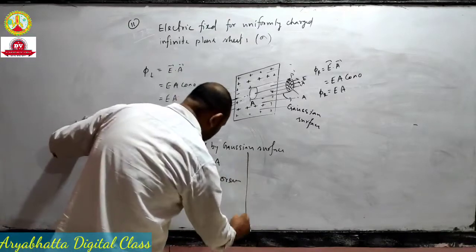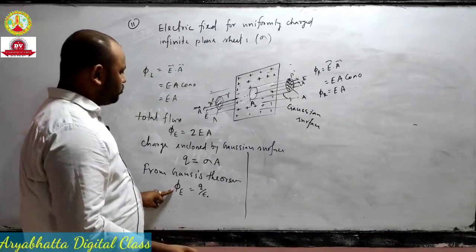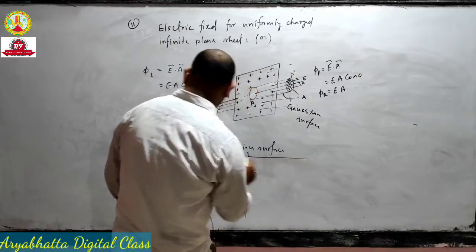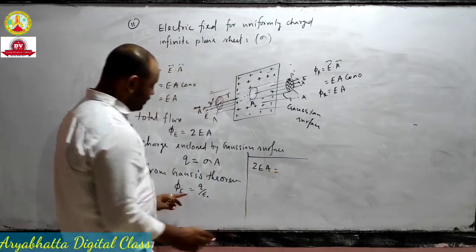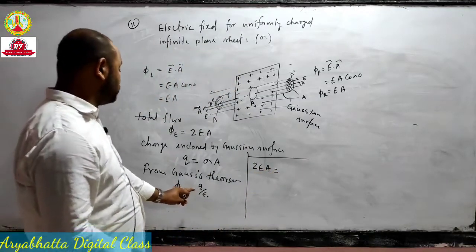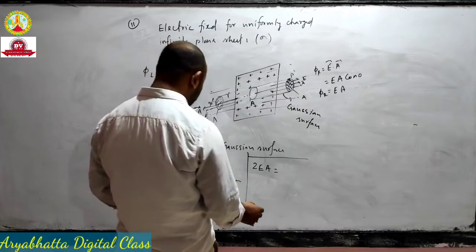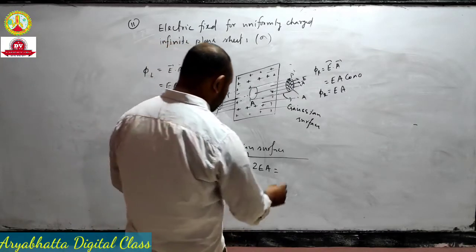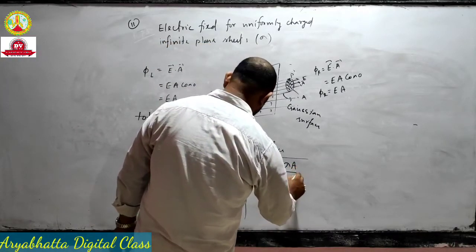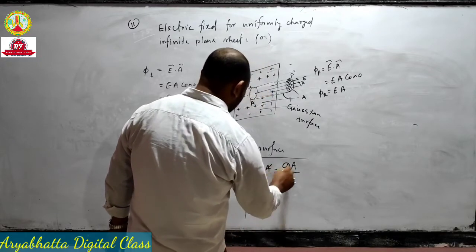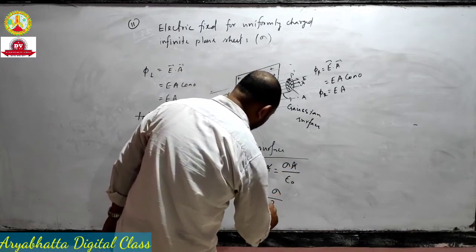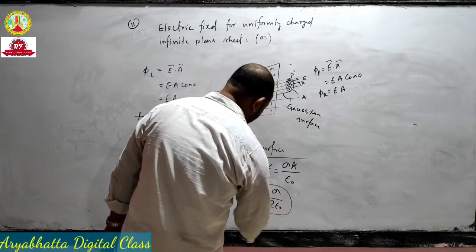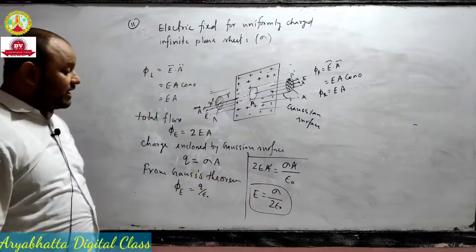The total flux is equal to twice E into A. Q is the charge enclosed by the Gaussian surface, which is sigma into A, divided by epsilon naught. So A will cancel from both sides. The electric field is equal to sigma divided by twice epsilon naught. So this is the electric field.